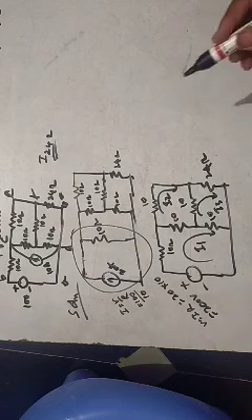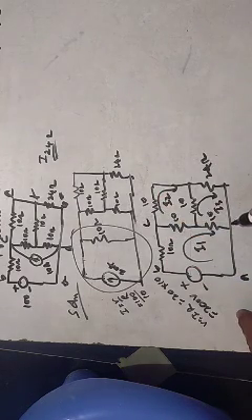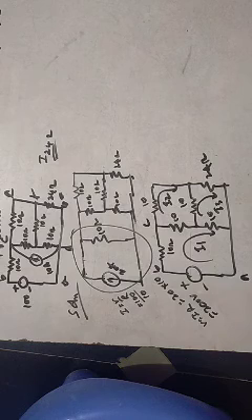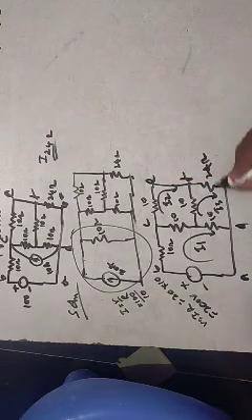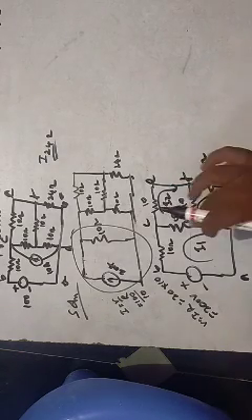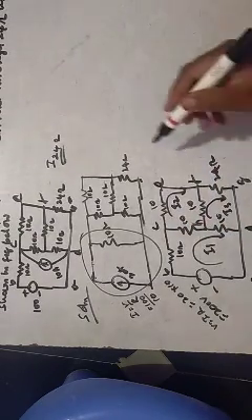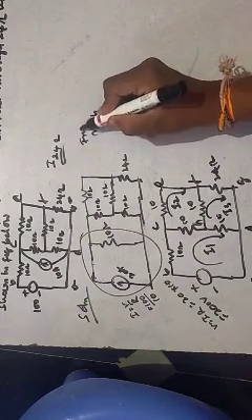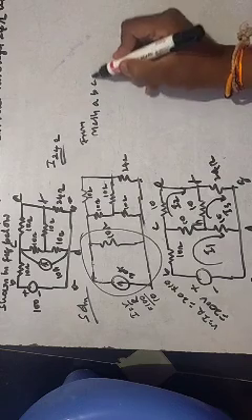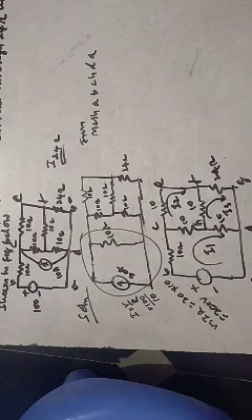Now A, B, C, D, E, F, G, and this is H. Applying KVL, from mesh A, B, C, H, D, A.